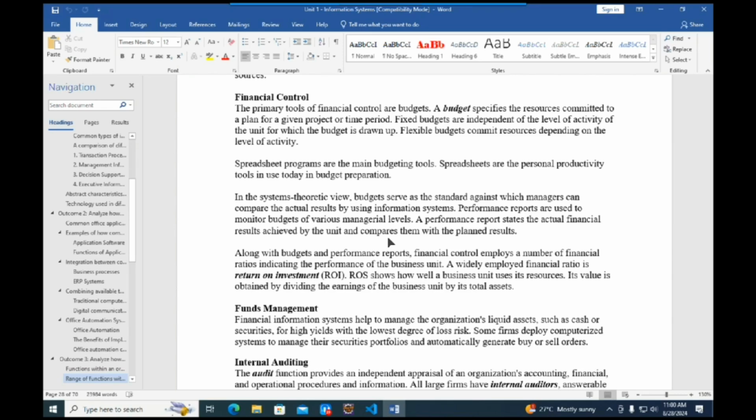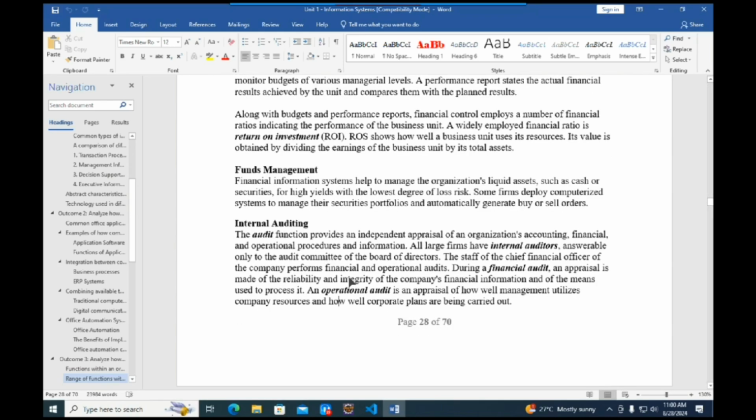We have 2 types of budgets: fixed budgets and flexible budgets. Fixed cannot be changed that financial year, production year. Flexible can be changed. Most of the time we use spreadsheet programs as the main budgeting tools when it comes to budgeting.